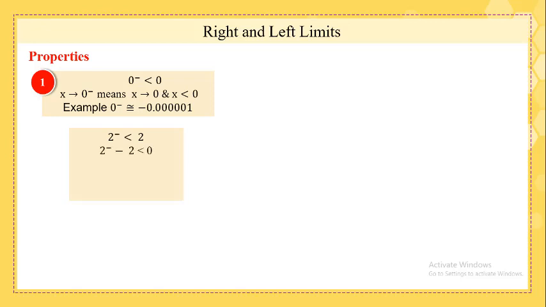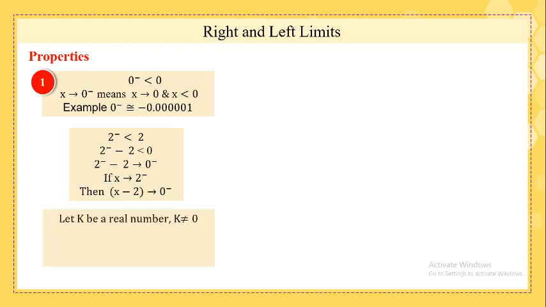Another example, 2 minus is less than 2. So 2 minus minus 2 will be negative, and tends to 0 minus. If x tends to 2 minus, then x minus 2 tends to 0 minus, because 2 minus minus 2 tends to 0 minus.